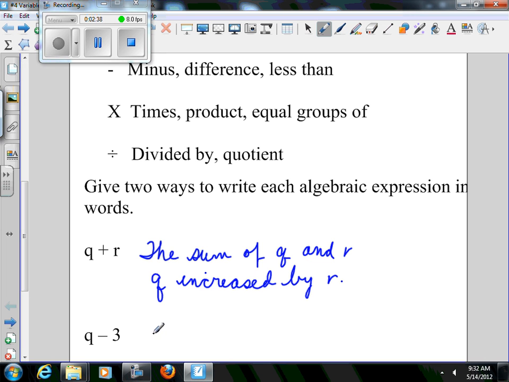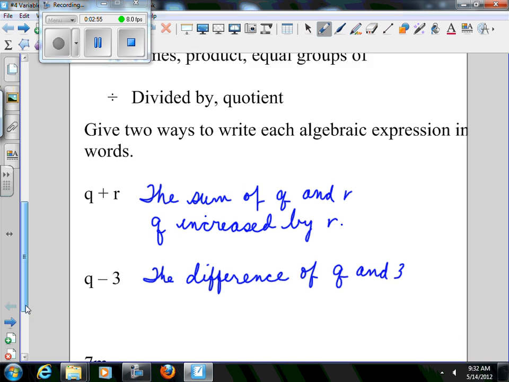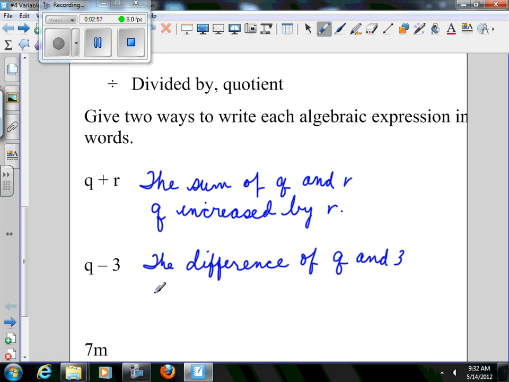If you want to write that algebraic expression in words, you could say the difference of Q and 3. You could also say Q decreased by 3.